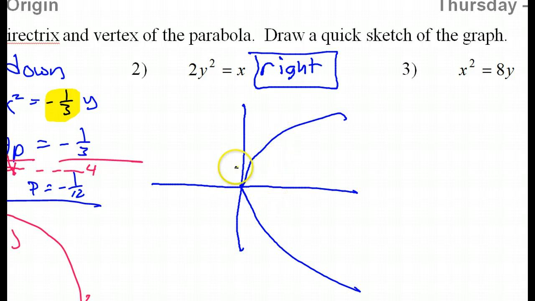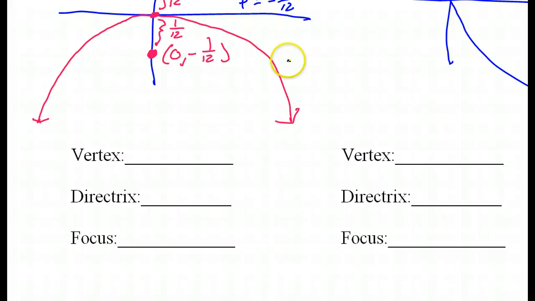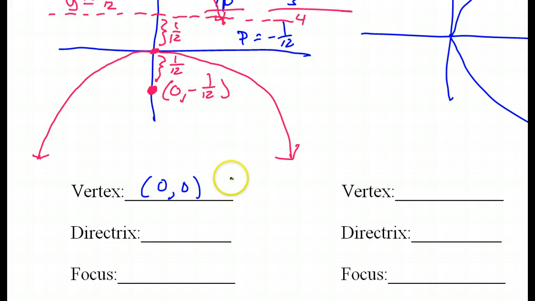Now I need to know what the values are. Back on number 1, we have to list everything. So the vertex was 0, 0. The directrix was y equals 1/12. And the focus was 0, negative 1/12.